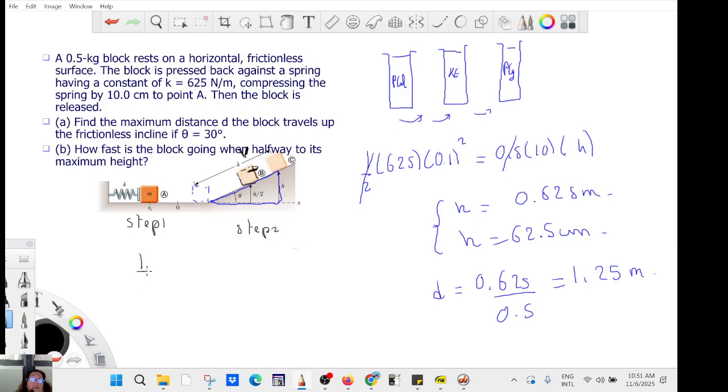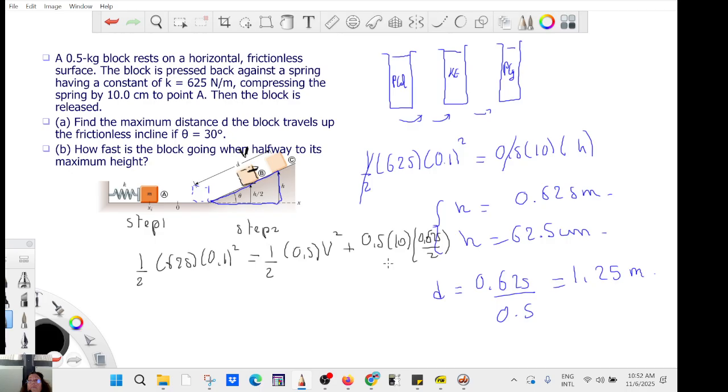So you have 1/2, 625, still the same thing, 0.1 squared, equals, now you have some kinetic energy, mass 0.5 v squared, plus potential energy, which is 0.5, 10, and the height is 0.625 divided by 2.